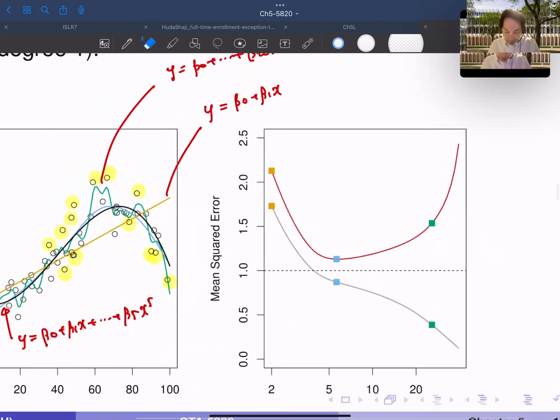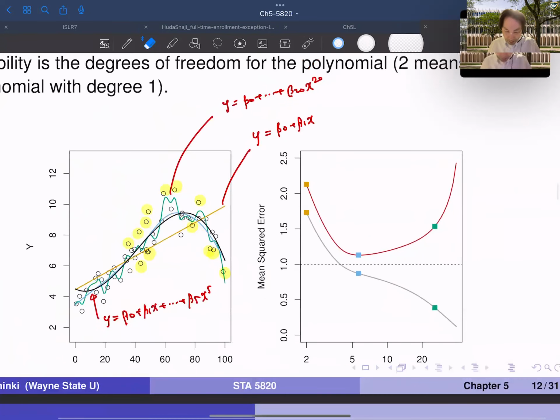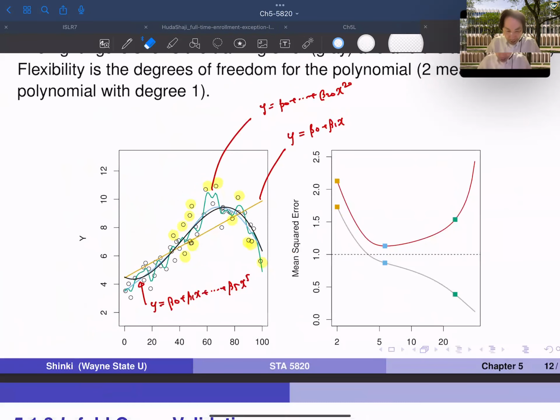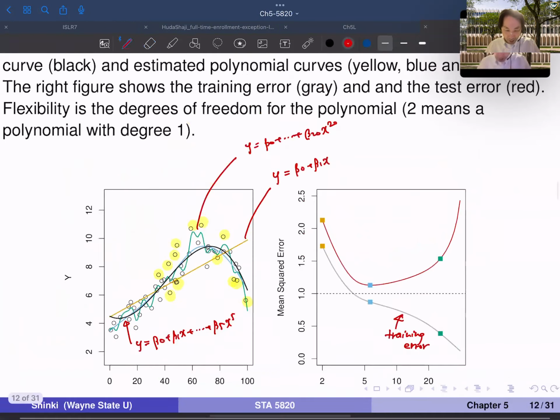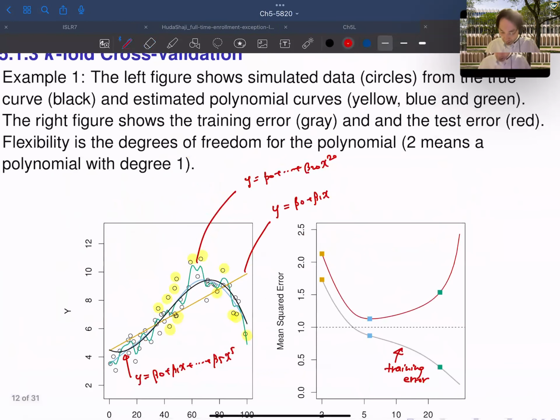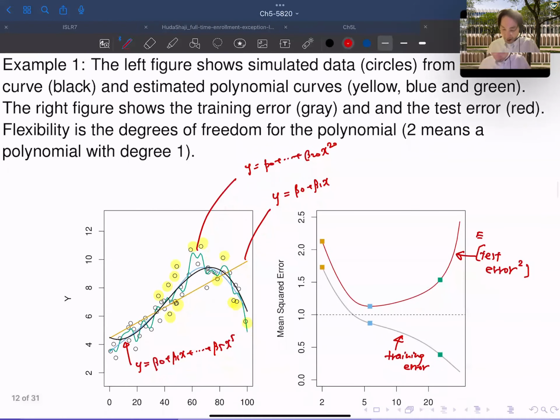And here we see the result. This one is the training error, and this one is the test error. Actually, I think this is the expected test error, maybe the expected squared test error.